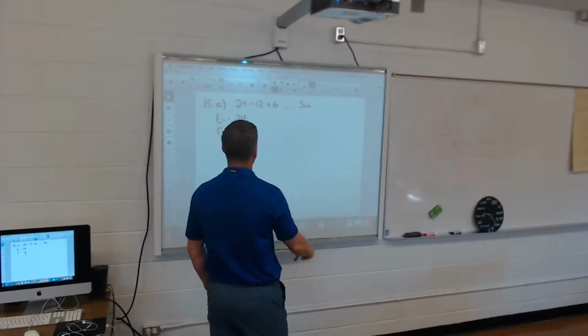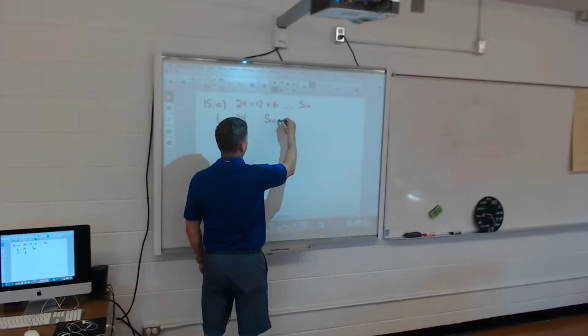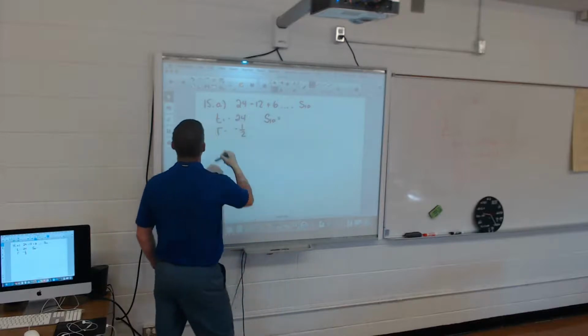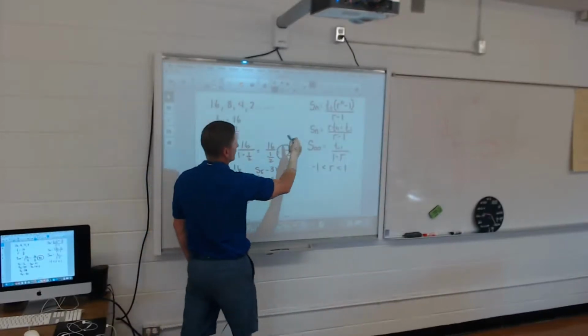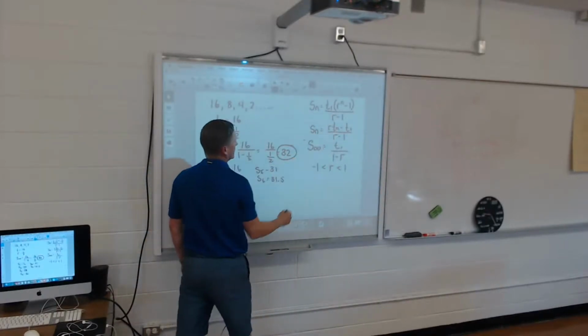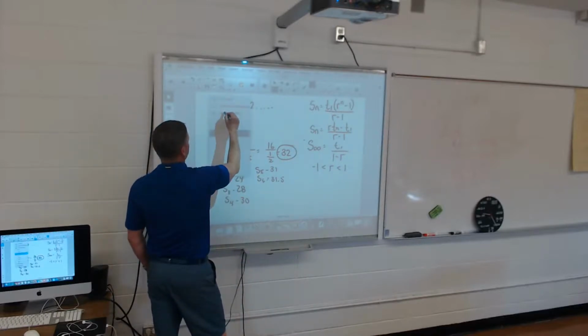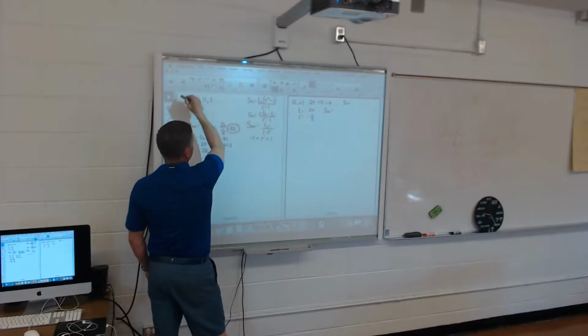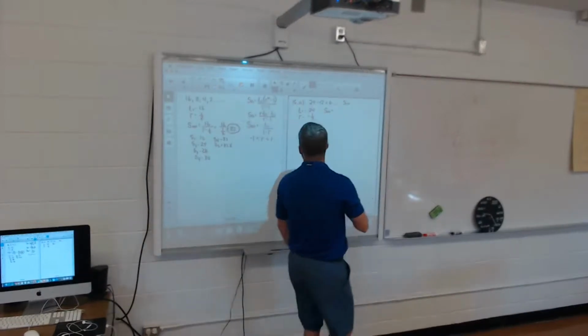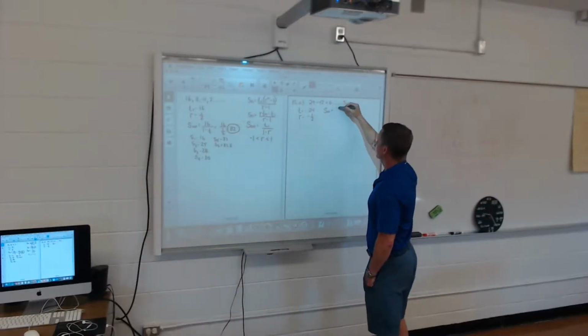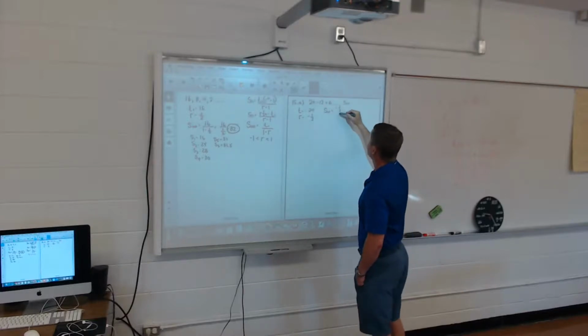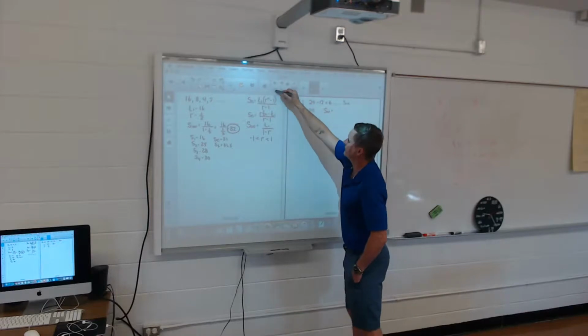All right, so I want to find S10 equals. Just go back a page. I'll use this equation right here. T1, r to the n minus 1. I'm just going to make this a little bit smaller for a second. Nope, sorry. Let me just rewrite this out.